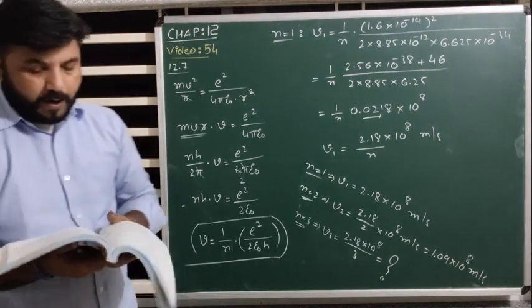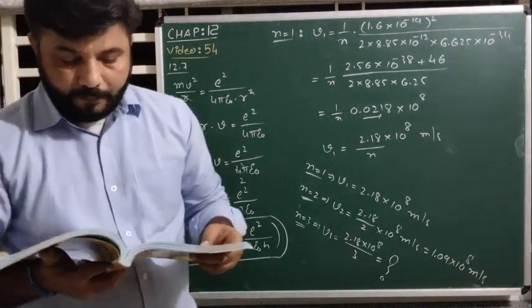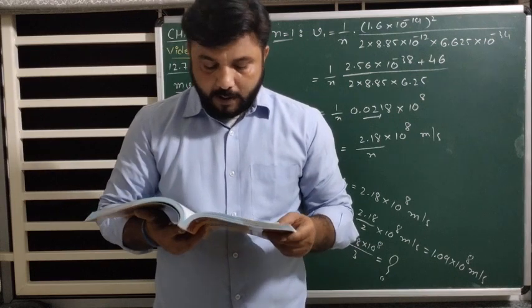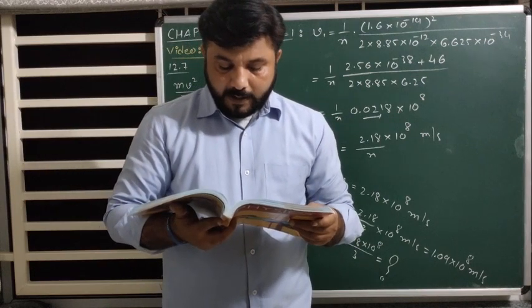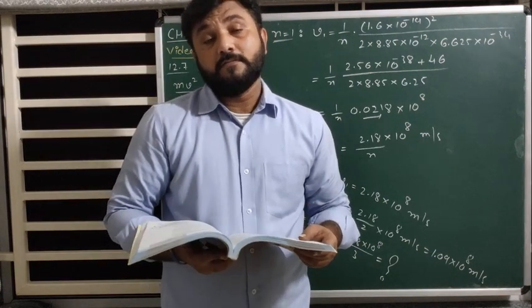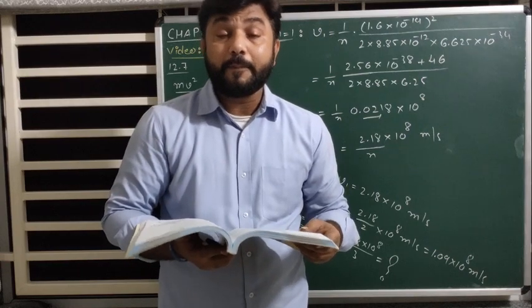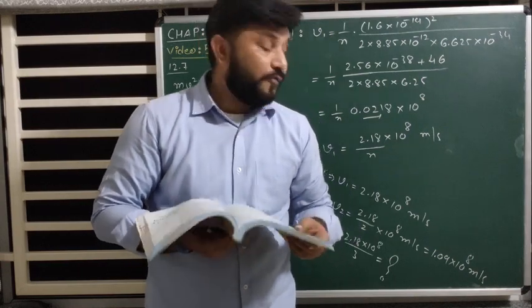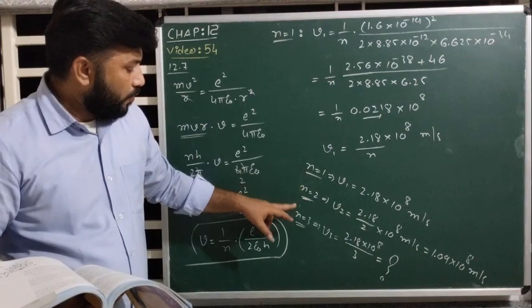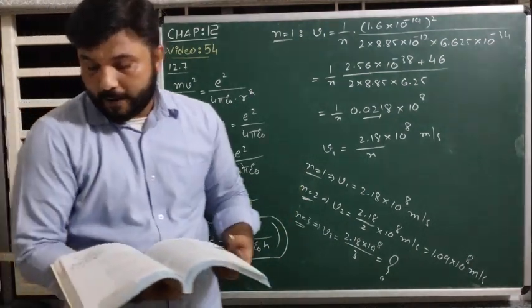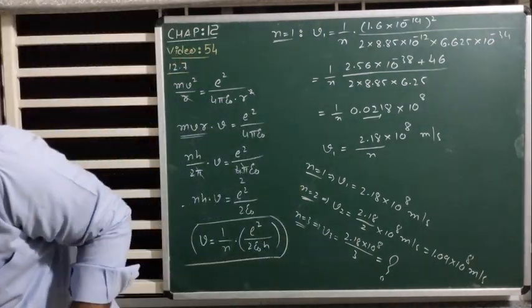Now what to find? Second part, that is calculate the orbital period in each of these levels. Means you have to find capital T, periodic time, for n is equal to 1, 2 and 3. Okay, let us see how to find.